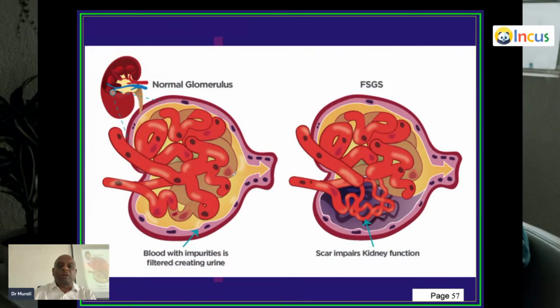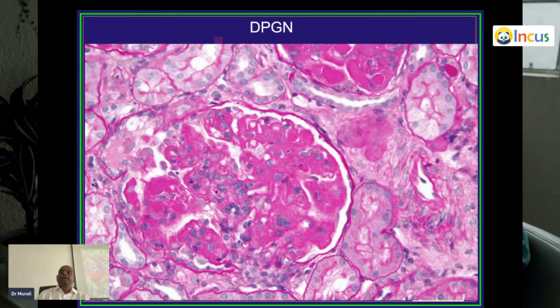So it's a normal glomerulus है तो there is a scar which is forming, leading to impaired kidney function को क्या बोलते हैं? Focal segmental glomerulosclerosis. Here more than 50% glomeruli are involved. Diffuse proliferative glomerulonephritis.